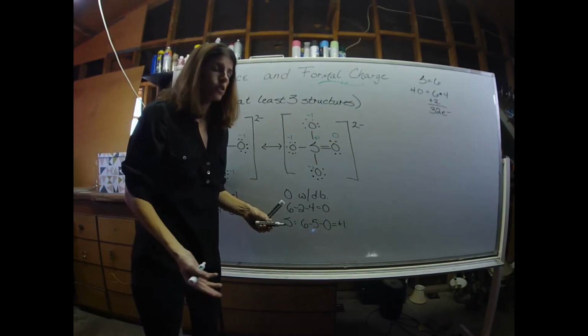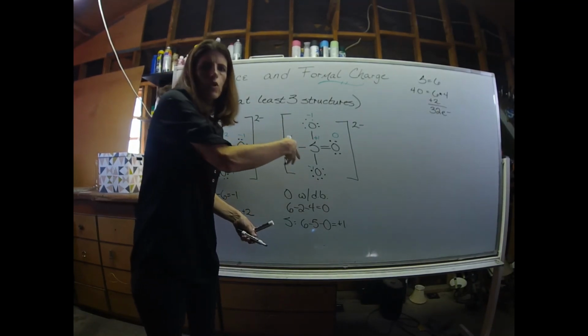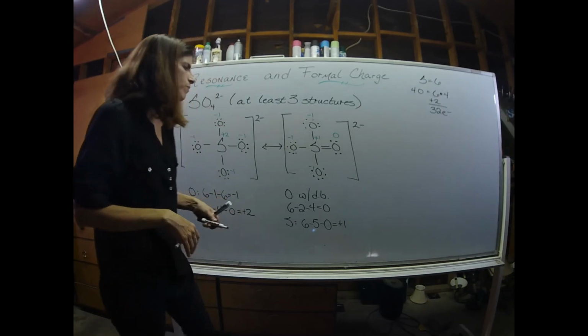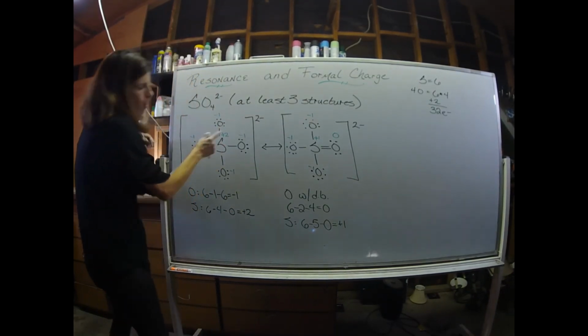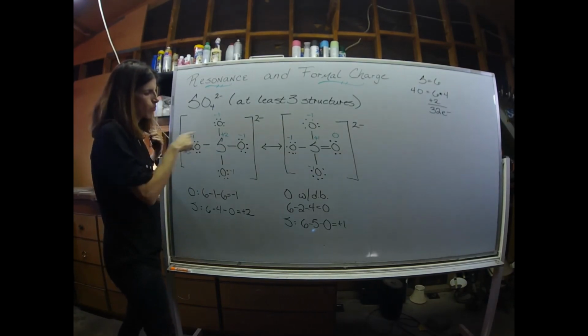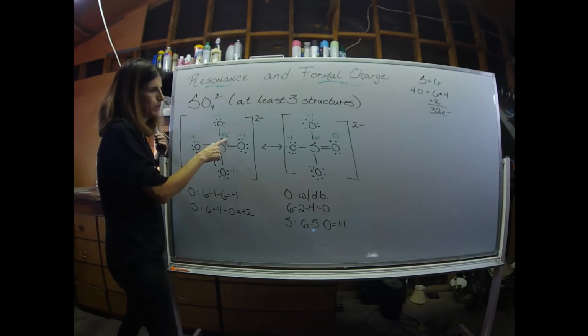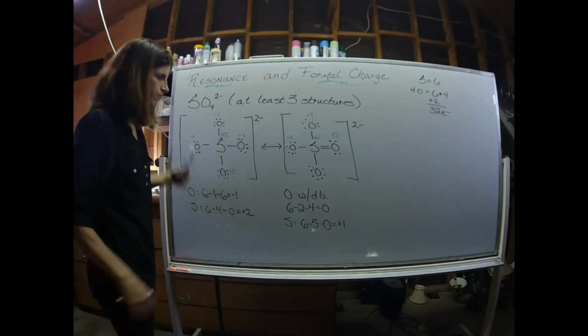So it's still a valid structure. The individual formal charges add up to the overall charge. Looks good there. And it's an improvement upon our previous example because previously we had a +2 and we got rid of one of the -1s and we brought the +2 down a bit.